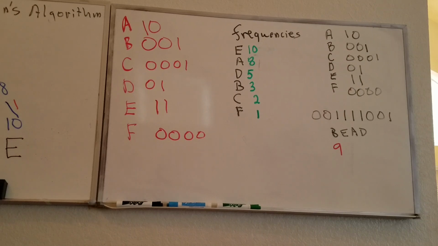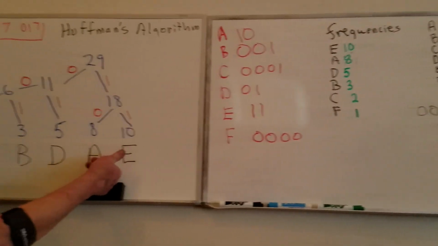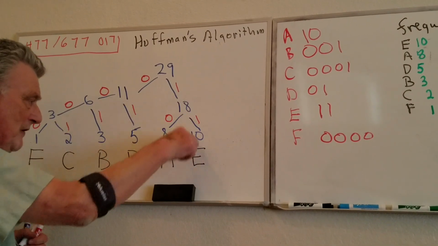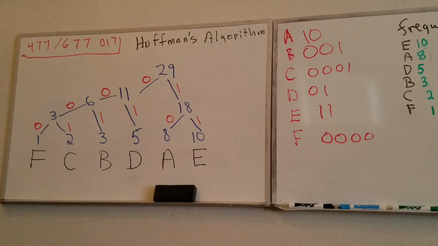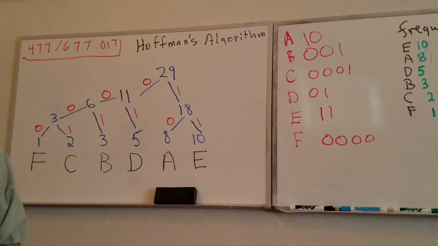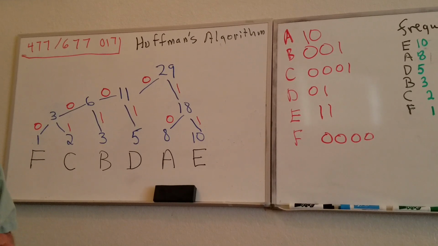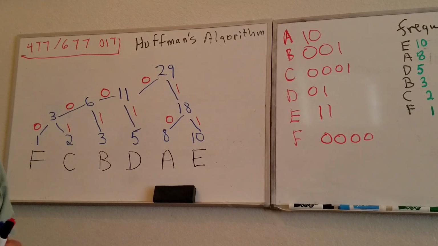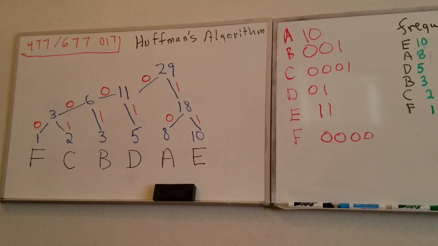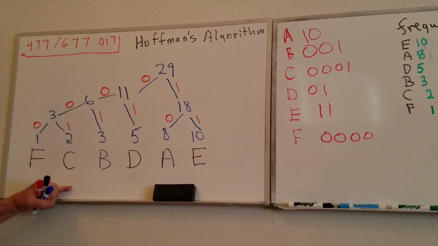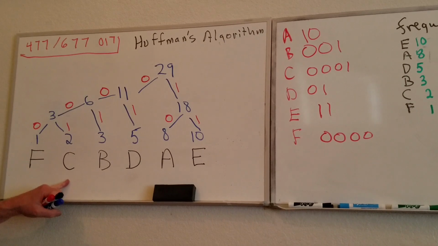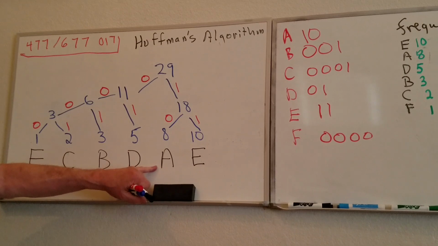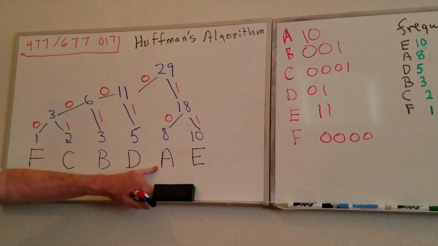Now, of course, if I exchanged E and A here, I would get 1, 1 for A and 1, 0 for E, and that doesn't matter. It would still be an equally good code. So there are many optimal codes for each example. But for each code, there is a binary tree, and the binary tree has the property that the nodes with the highest frequency are closer to the root.